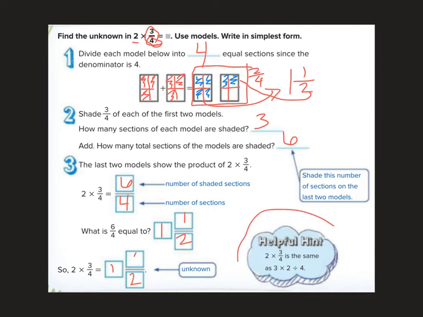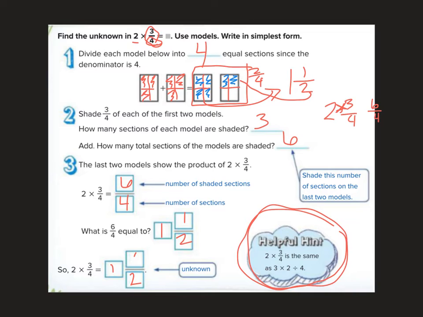Now, this is a great helpful hint. If I'm trying to find what is 2 times 3/4, do you know what I'm doing here, guys? I'm doing 2 times 3. So I'm multiplying the numerator together to get 6/4. And then I'm dividing by 4.